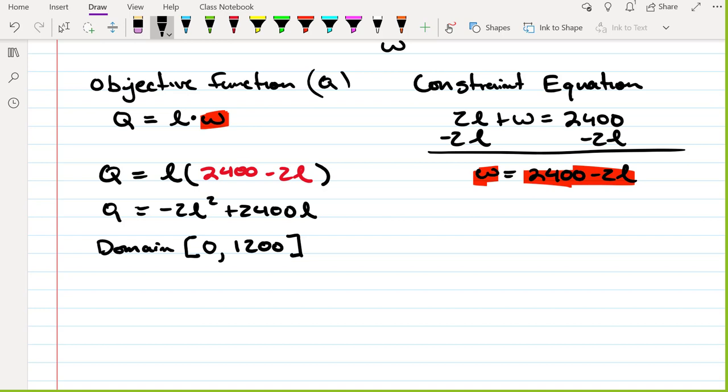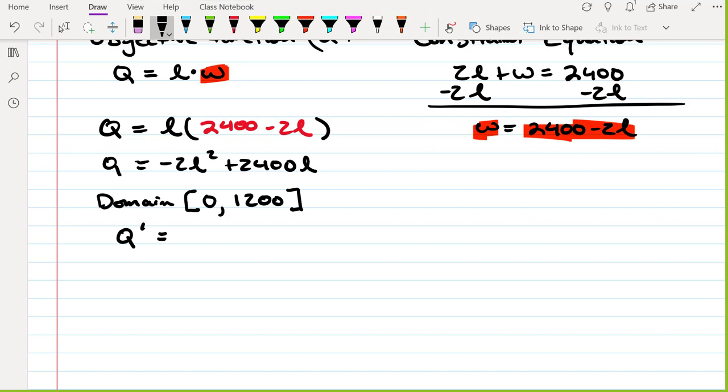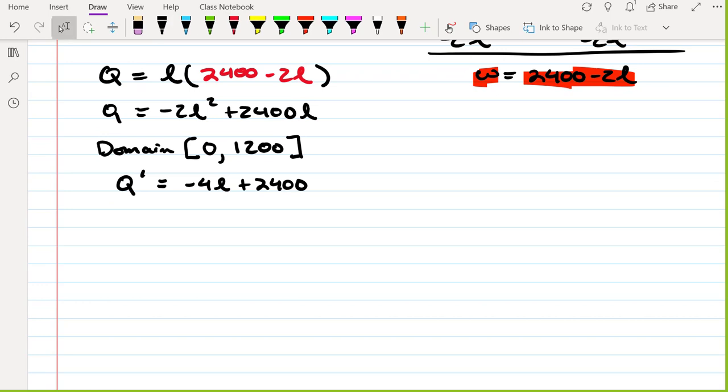So those are our endpoints for our domain. Now we want to find the maximum of this, so we take our derivative. Q prime is going to be equal to negative 4L plus 2400. To find our critical numbers, we set that equal to 0.